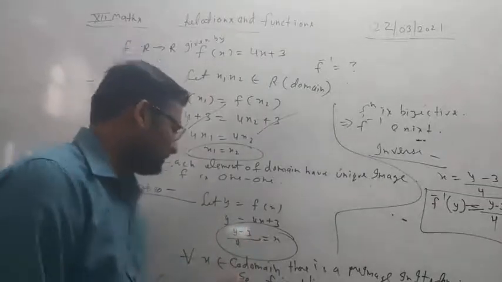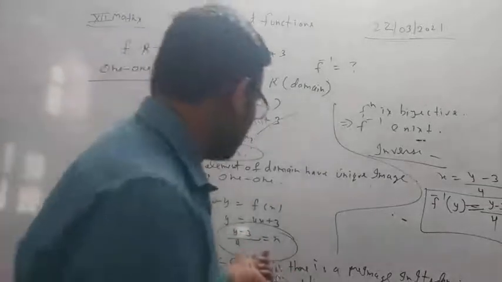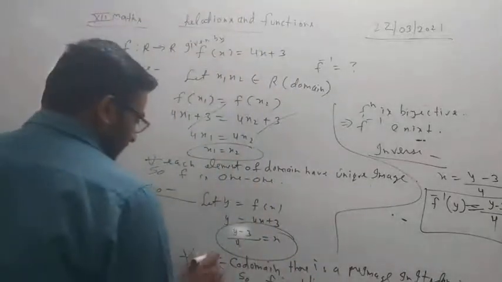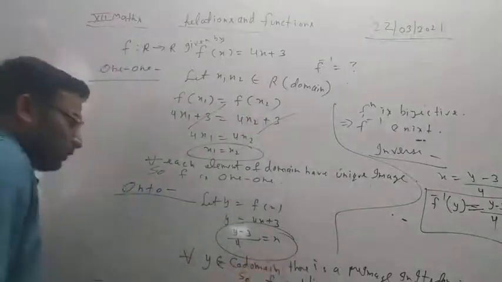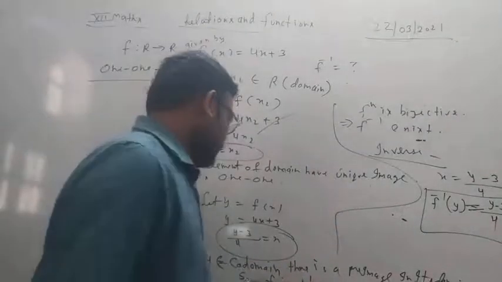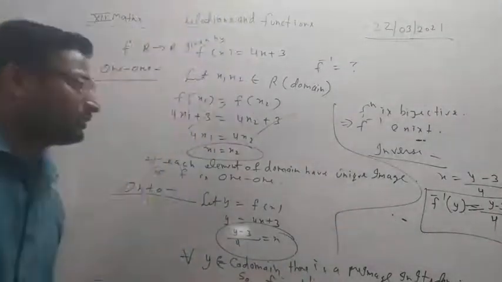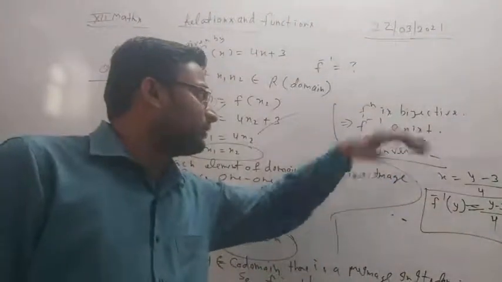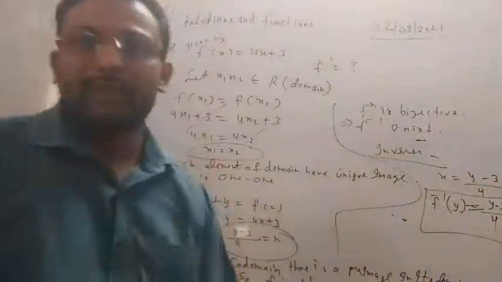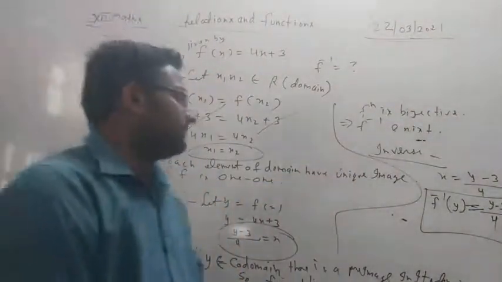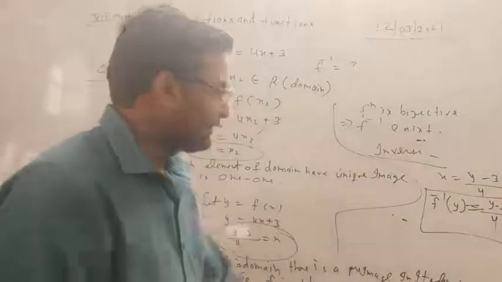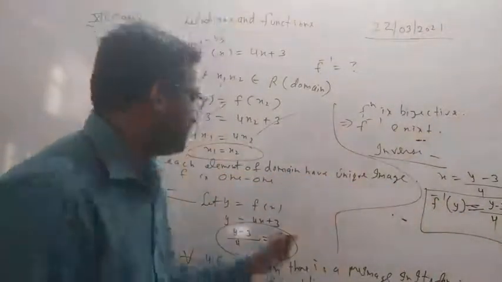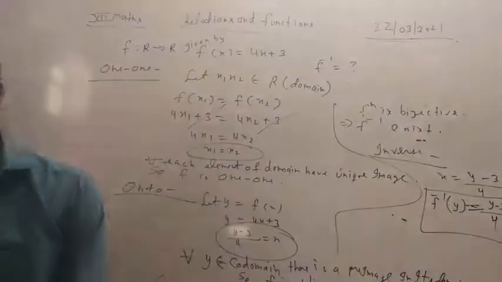So for each y belonging to the codomain, there is a pre-image in its domain, so the function is onto. The function is one-one and onto, it means the function is bijective. And if the function is bijective, then f inverse exists, and its inverse will be what? f inverse of y, which is (y - 3)/4. So I hope you understand, students.